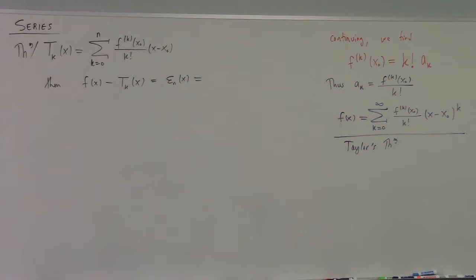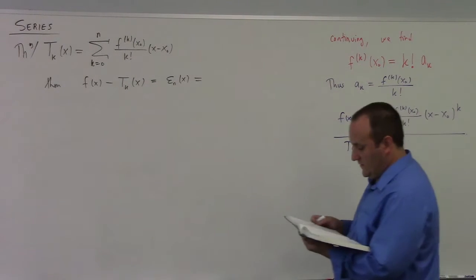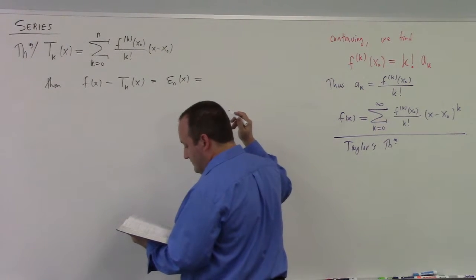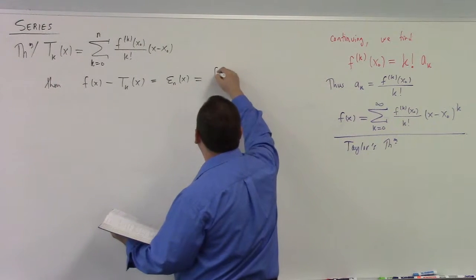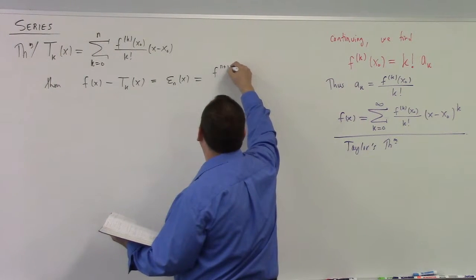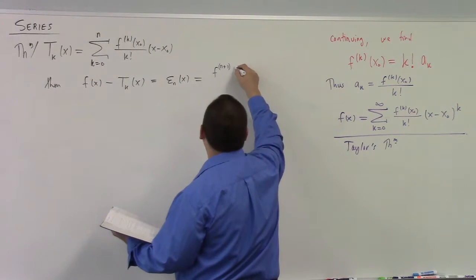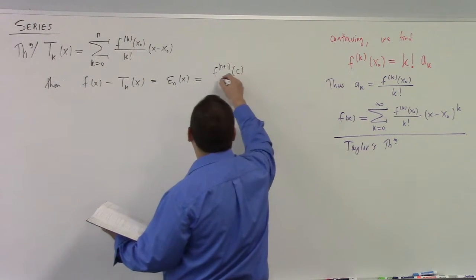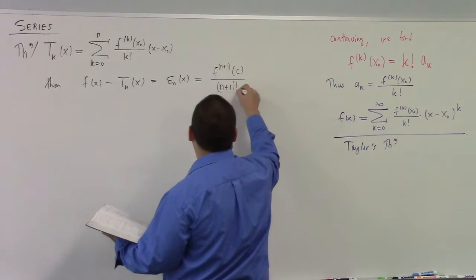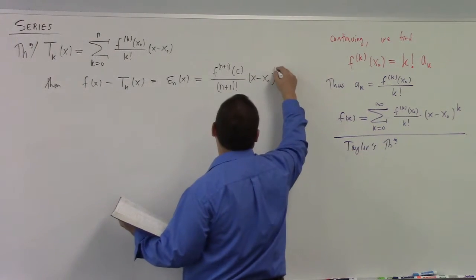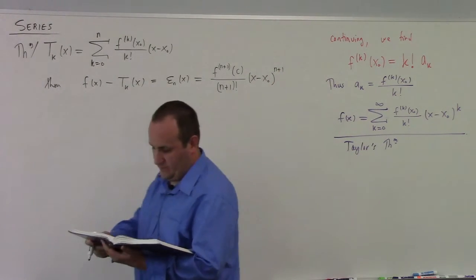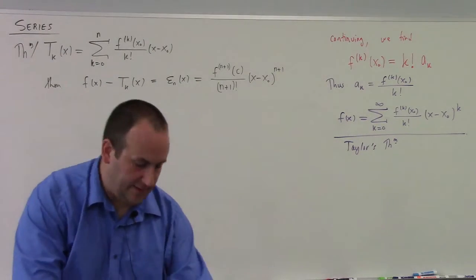There's some, for x near x naught. I wasn't going to get into all this, but I just worked myself into a corner. So you can write the n plus 1th derivative at some point, let's call it c instead of Greek.